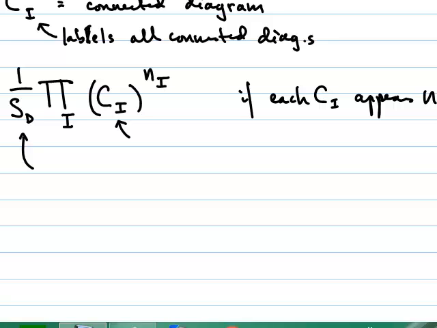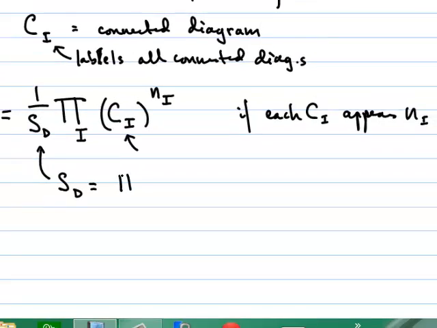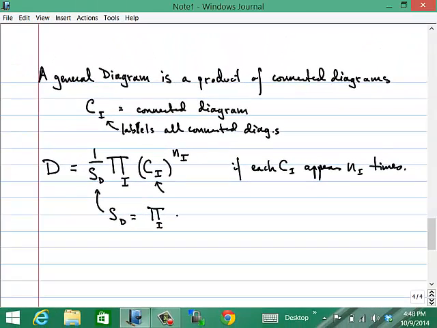For example, if you have two of the same connected diagram appearing here, there are going to be 2 factorial different ways of connecting them. If you have n sub I of a given connected diagram C sub I, there'll be n sub I factorial ways of permuting them. So S_D is going to be the product over all I of n sub I factorial.